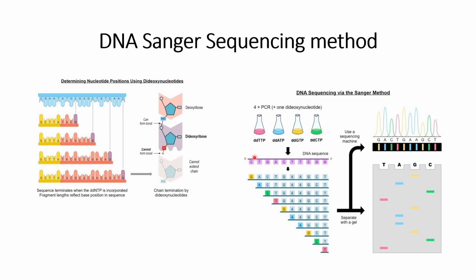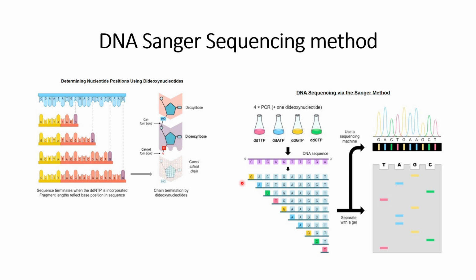This is the 5' to 3' DNA sequence, and this DNA sequence has been added into each of these flasks along with the primer, and the DNA elongation reaction has been carried out at the appropriate temperature.